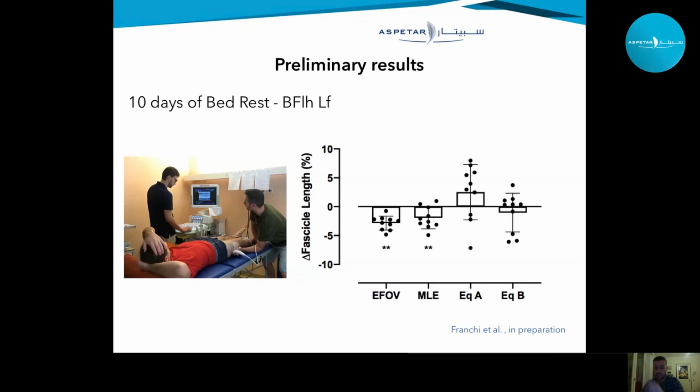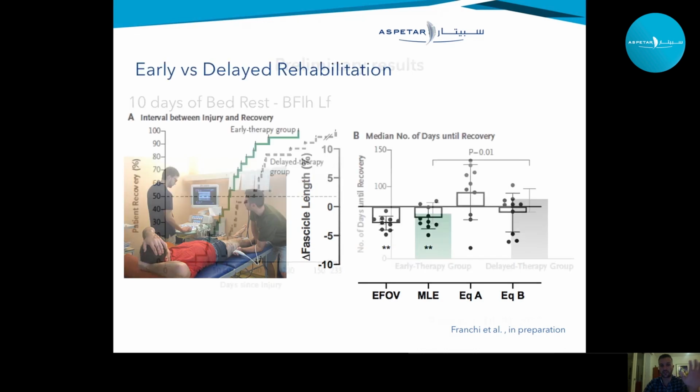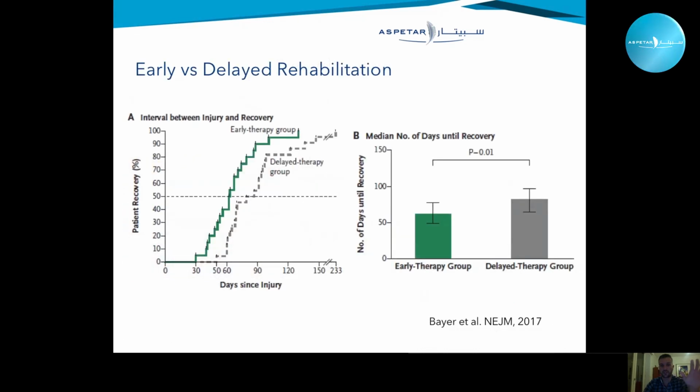But anyway, one thing that I want you to appreciate as well is that 10 days of bed rest creates a substantial decrease in CSA of the biceps femoris long head, I didn't present the CSA data, and also you can see the change in fascicle length. So this is important for clinicians because, of course, people will not usually be in 10 days of bed rest, nor are athletes.